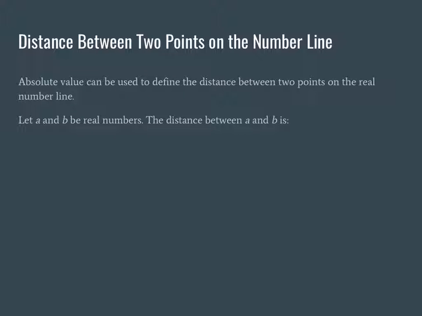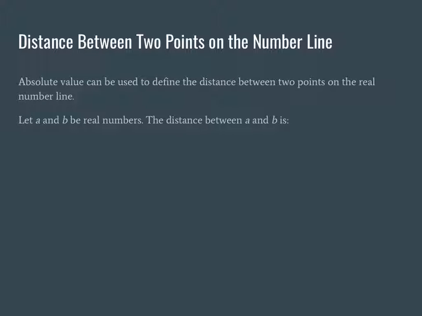Finally, we have the distance between 2 points on the number line. Absolute value can be used to define the distance between 2 points on the real number line. So let A and B be real numbers.